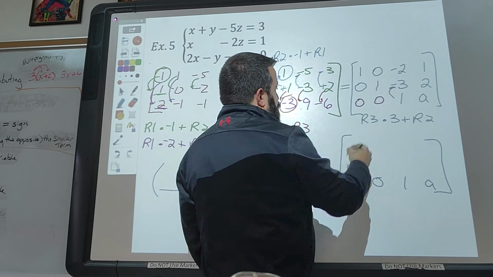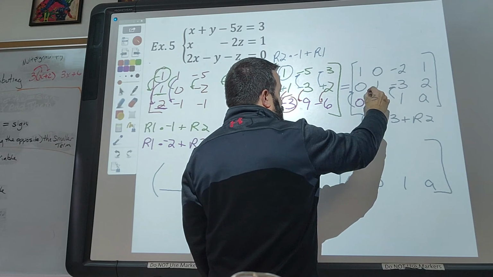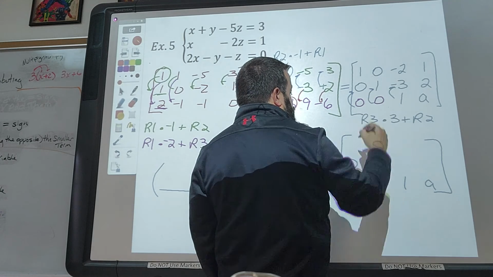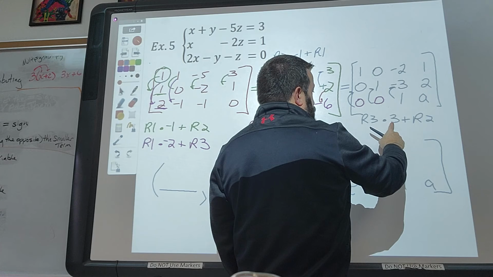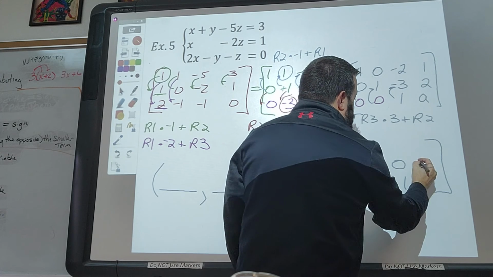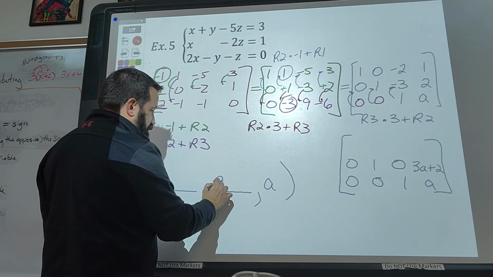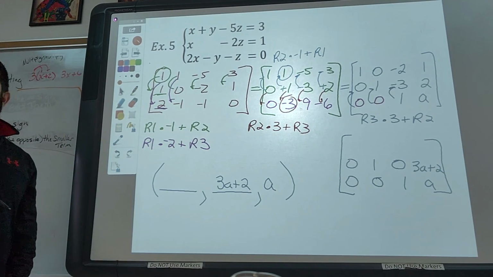When I do that, 0 times 3 plus 0 is still 0. 0 times 3 plus 1 is still 1. 1 times 3 plus negative 3 is 0. A times 3 would be 3A, plus 2 would be 3A plus 2. That is my formula for finding Y if Z is A.